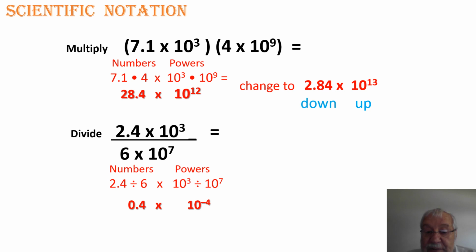And then when I subtract 3 minus 7, because I'm dividing, I will get 10 to the negative 4 power. Again, the mantissa is not in standard scientific notation, and so I have to make it go 1 larger, and therefore I have to make the -4 go down 1, and my new number will be 4.0 times 10 to the -5.